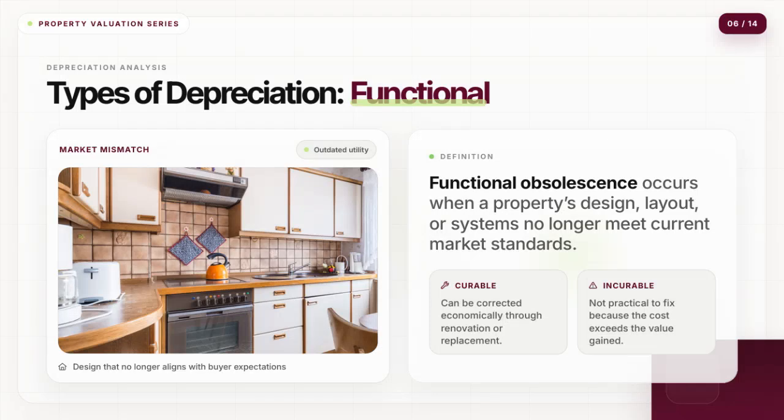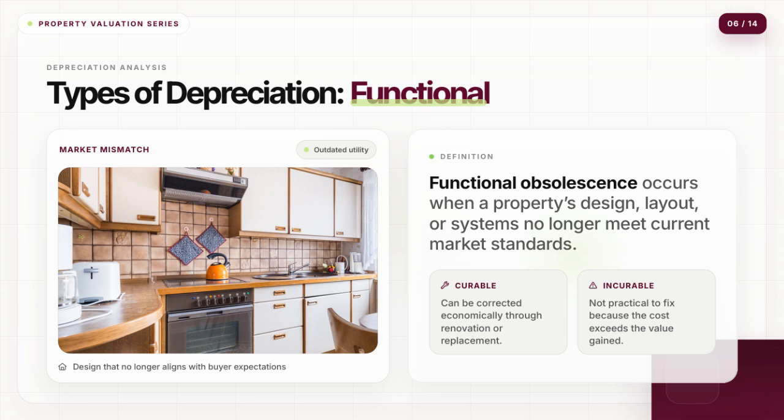Now, let's talk about functional depreciation, which is a key concept in property valuation. Functional depreciation happens when a property's design, layout, or systems are outdated and don't meet current market standards or buyer expectations. This mismatch can significantly affect the property's value because it reduces its appeal or usefulness. For example, outdated utilities or a layout that buyers find inconvenient can lead to what's called market mismatch.